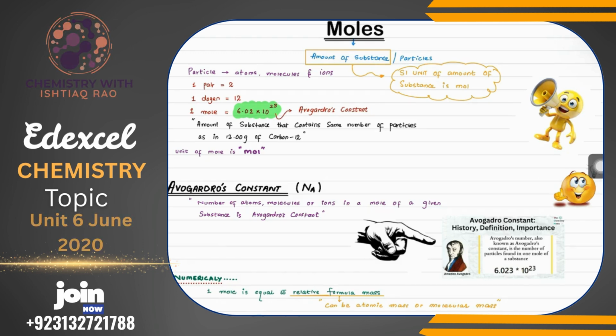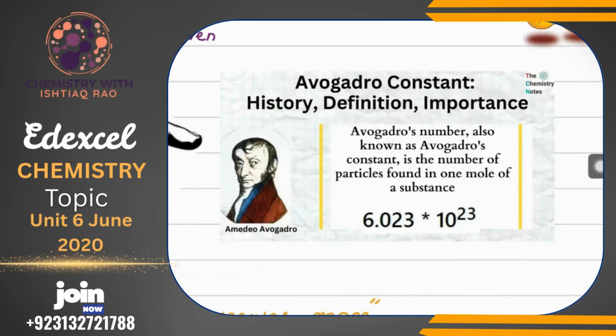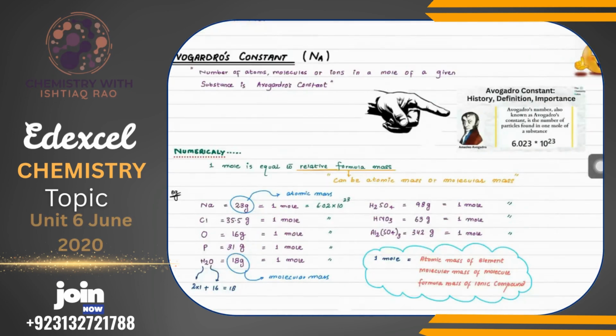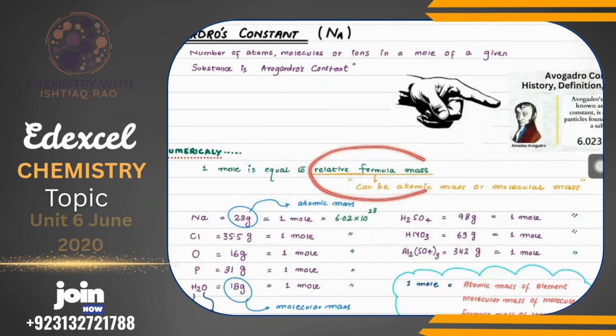It's called Avogadro's constant. So basically, Avogadro's number, also known as Avogadro's constant, is the number of particles found in 1 mole of a substance, and that's it. And then numerically, 1 mole is equal to the relative formula mass.